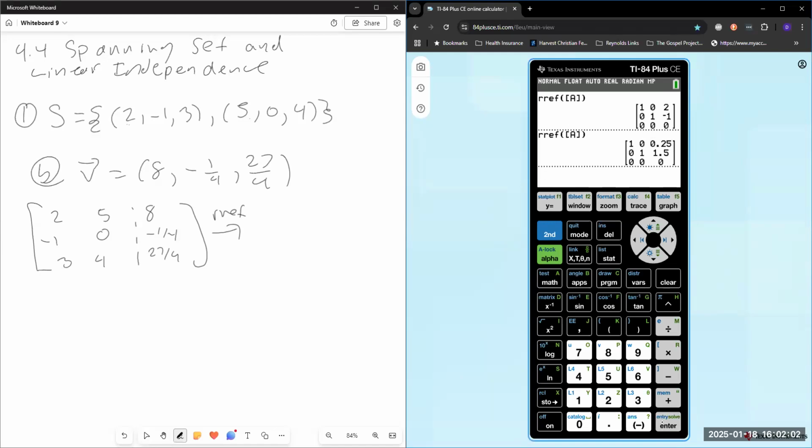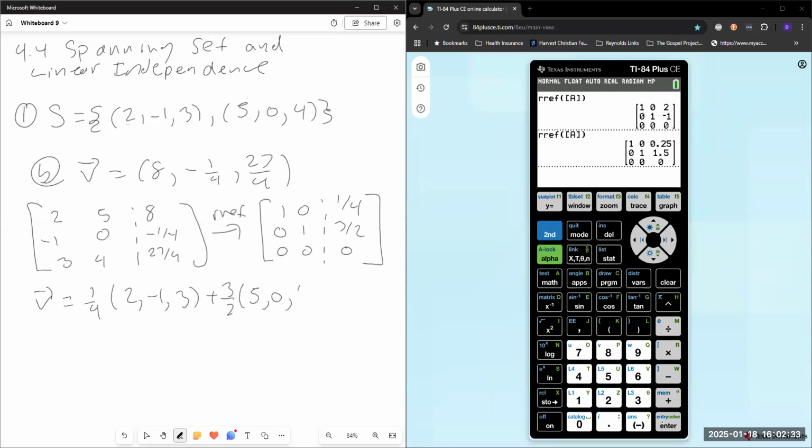I can change those fractions in my head here, so I don't need the answer to fraction command. So that's 1, 0, 1/4, 0, 1, 3/2, 0, 0, 0. So that tells me that v is equal to 1/4 of (2, -1, 3) plus 3/2 of (5, 0, 4), and that is equal to (8, -1/4, 27/4).